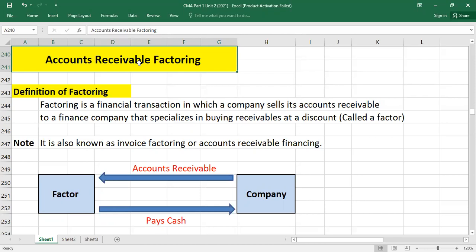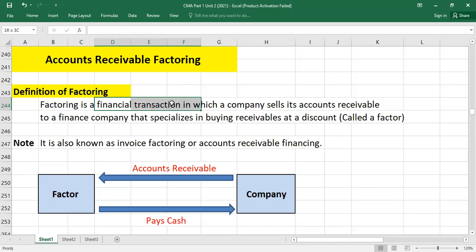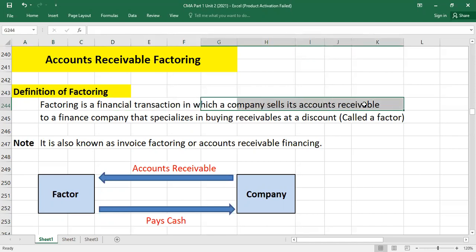So what is factoring? Have a look here. We are going to talk first about the definition of factoring. Actually, factoring is a financial transaction in which a company sells its accounts receivable. Like here, we will sell our accounts receivable to a third party.